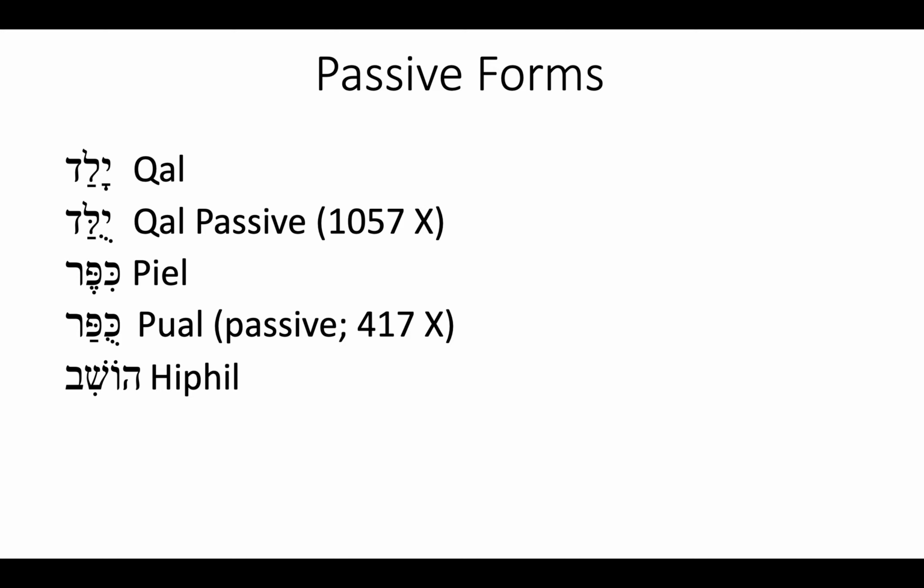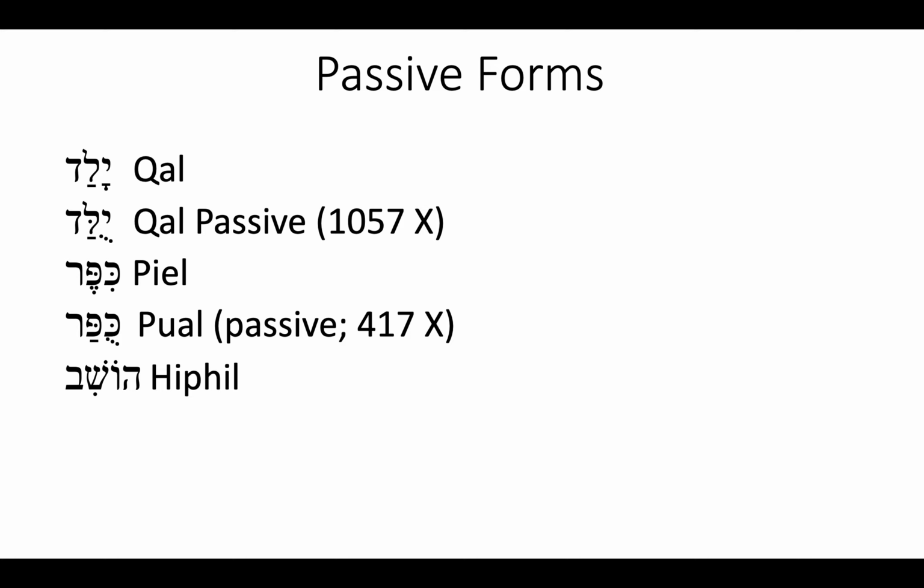Hifil, so it's harder to find examples in the Hebrew Bible of a Hifil matched with a Hofal. So I picked this one even though it's fairly confusing. As you might recall from our parsing exercise, this is the Hifil form of yod shin bet, which means to sit or dwell.